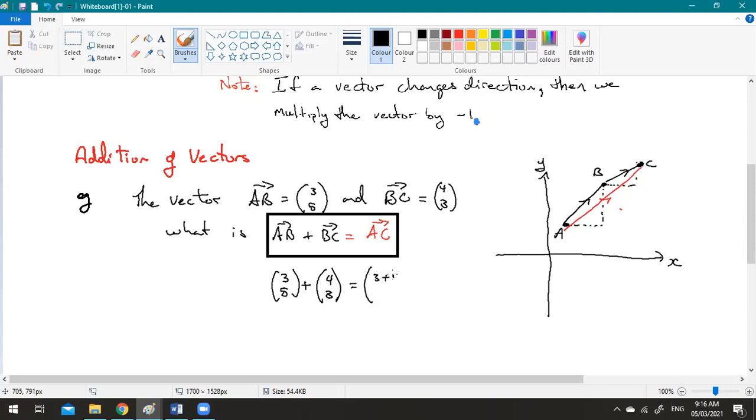So 3 would add 4, 5 would add 3 here, and we will get 7 over 8. And what is the resultant vector? You remove the letters in the middle to get AC.